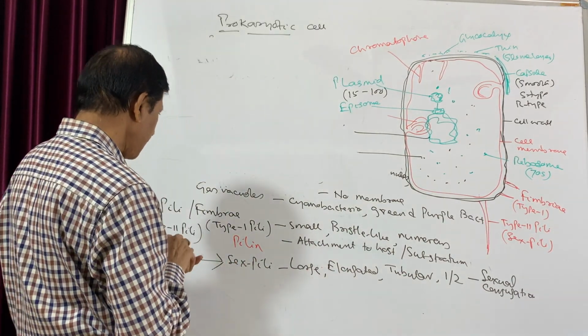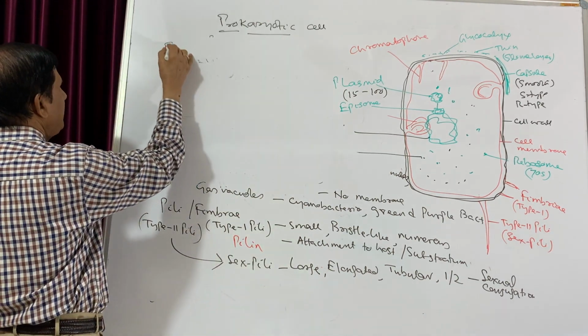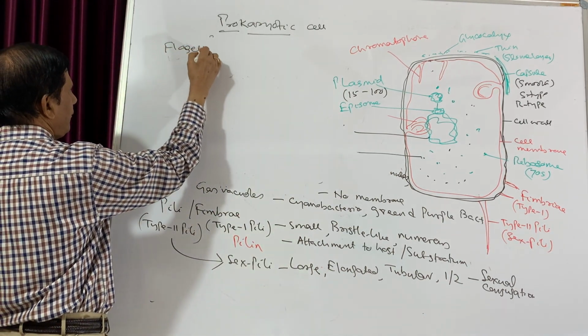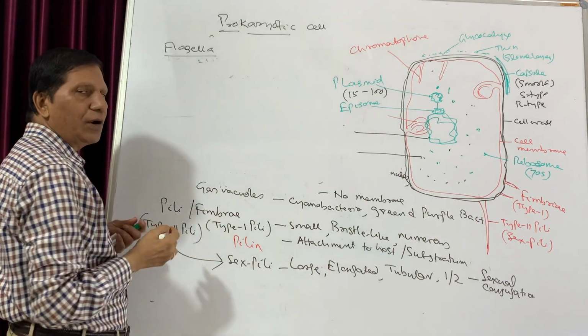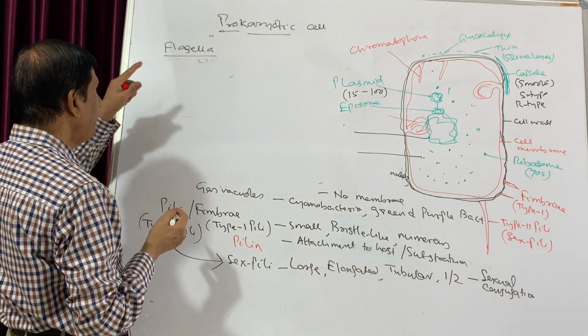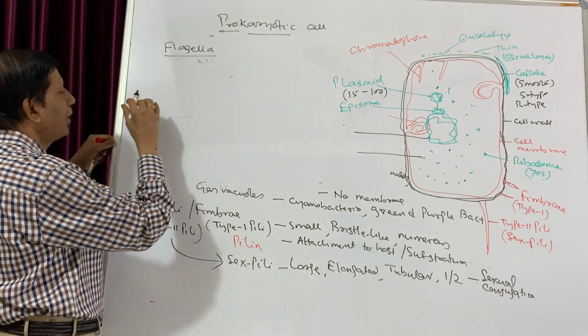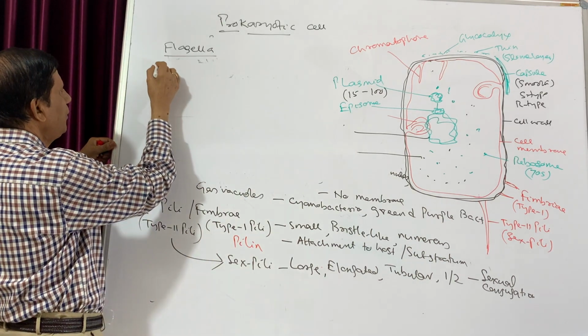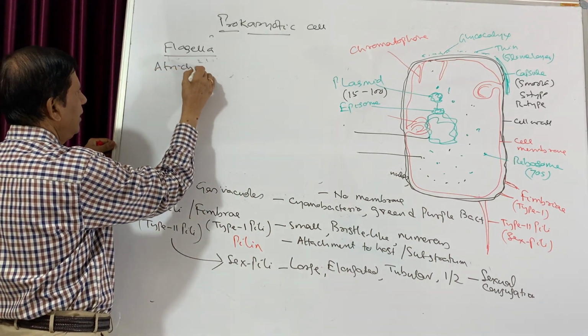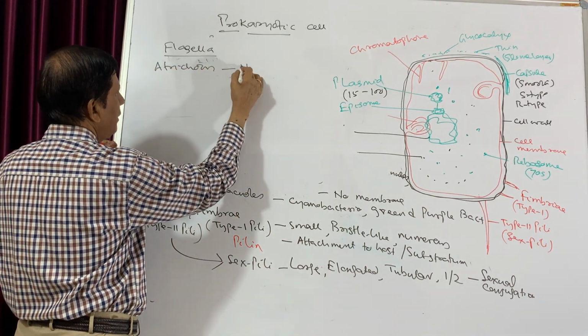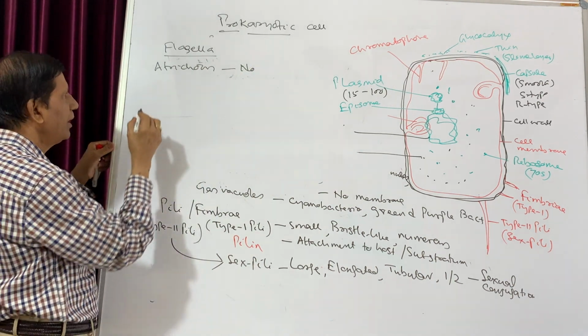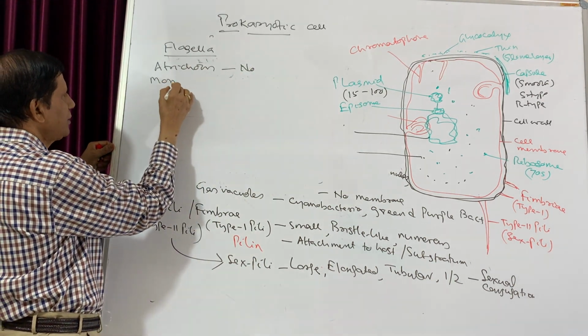So the next thing that we'll discuss is flagella. If the flagella is completely absent, it is known as atrichous. Atrichous means no flagella.